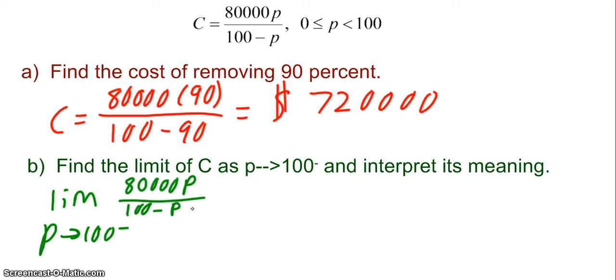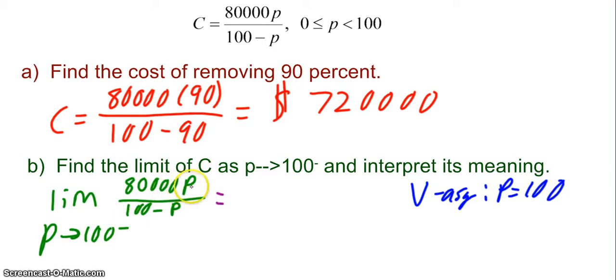Well, let's think about what this is going to be. What is happening at P equals 100? At P equals 100, we have a vertical asymptote. Therefore, I know that the limit I'm looking for here is going to be a descriptive limit. If I approach from the left, that means I'm going to plug in a number a little bit less than 100.